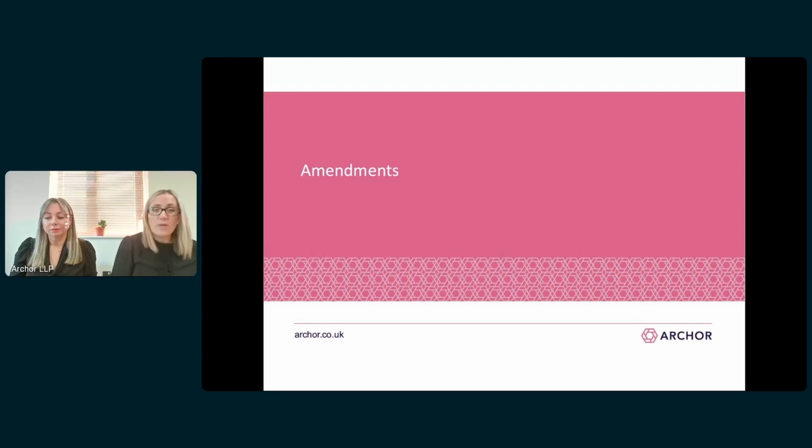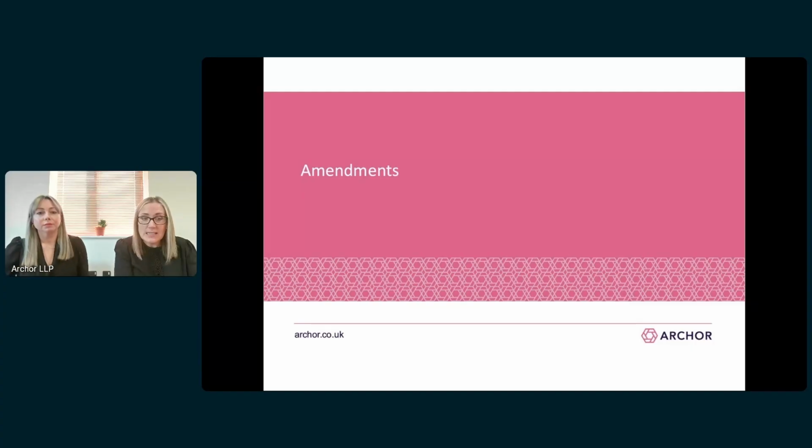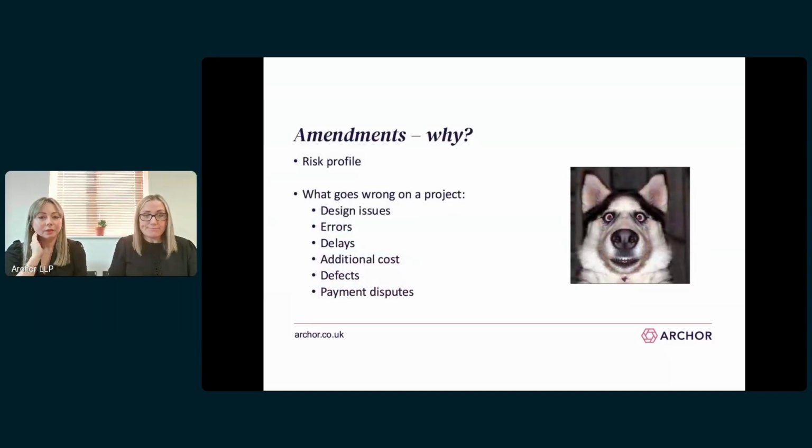Okay, so we've been discussing common amendments to the key clauses, and we've been running through them in this session, but we thought we'd finish up with an overview of why standard JCT forms are often amended and what the amendments seek to achieve. So why are contracts so often heavily amended? It's not just us lawyers trying to make things more complicated, I promise.